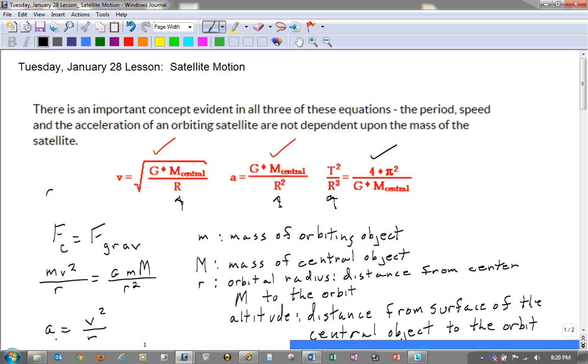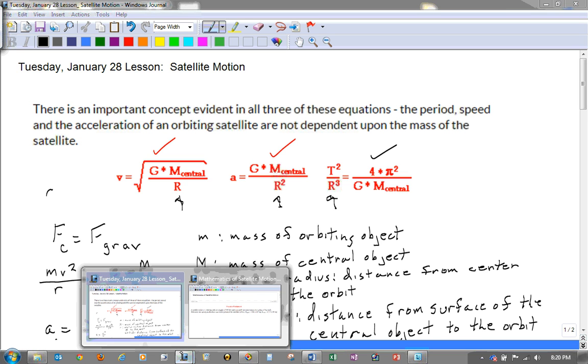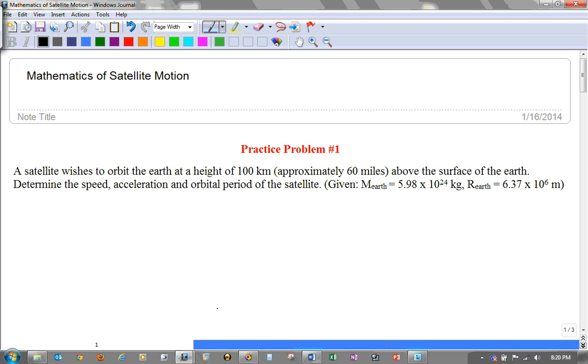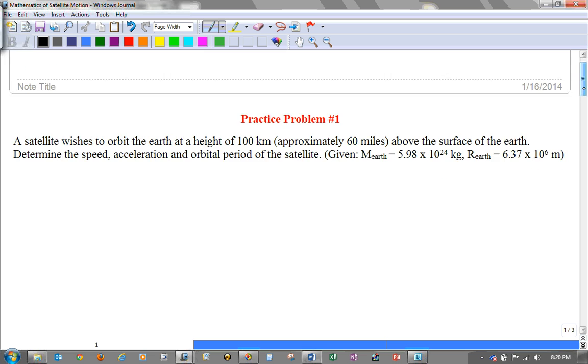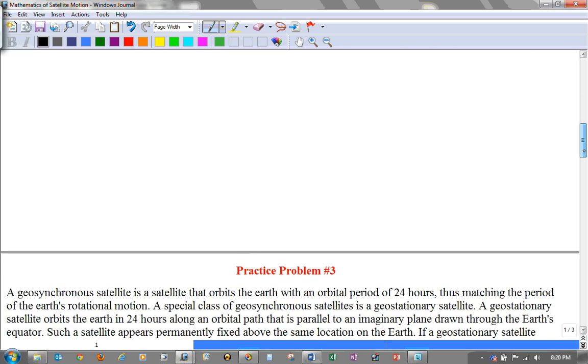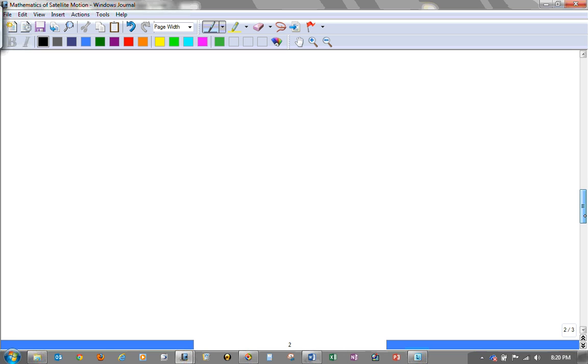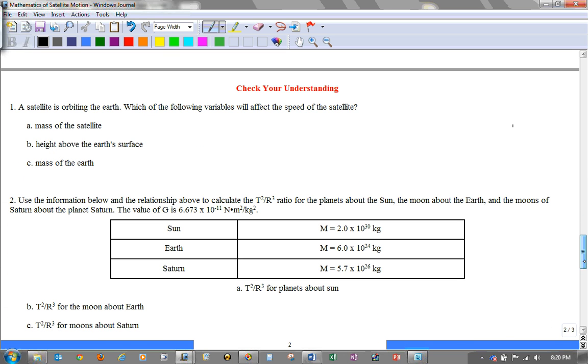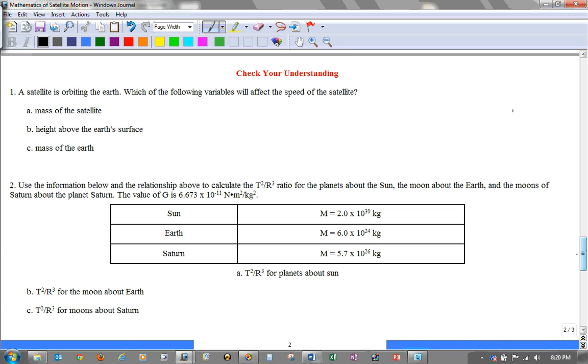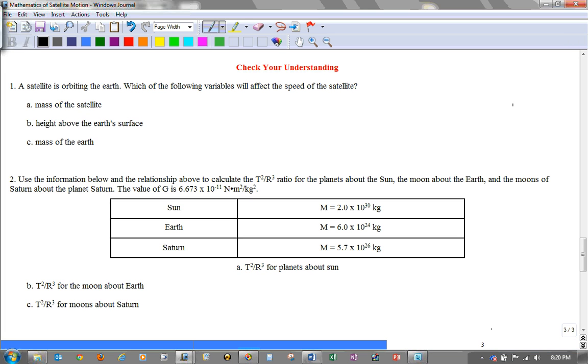Now, the work that you need to turn in is this worksheet that says Mathematics of Satellite Motion, and I want to show you, obviously when I was fixing this up, I ended up with 2 copies of this part here where it says Check Your Understanding. I'm on page 3.